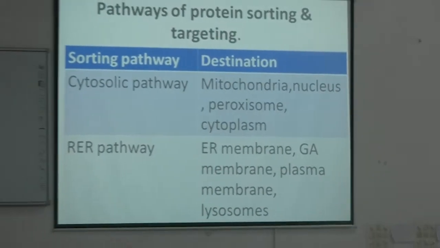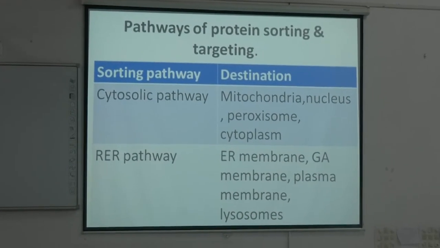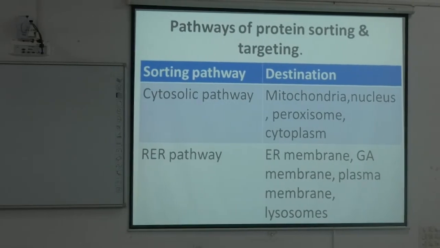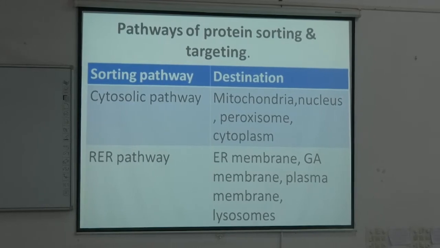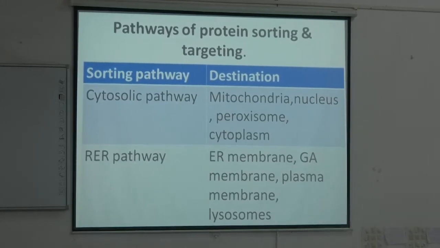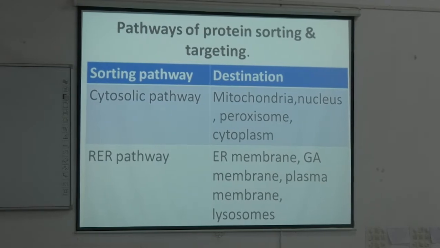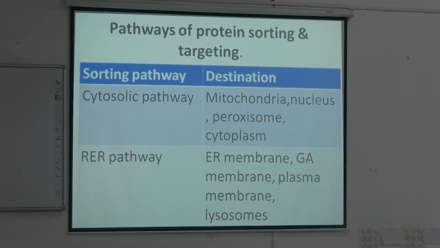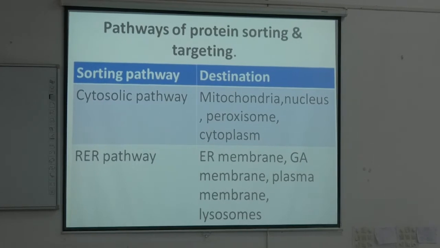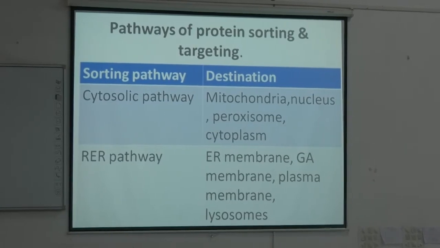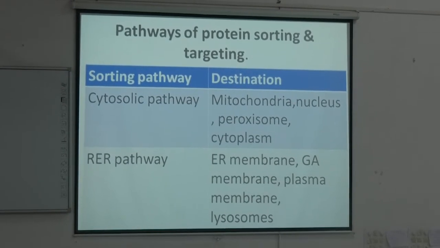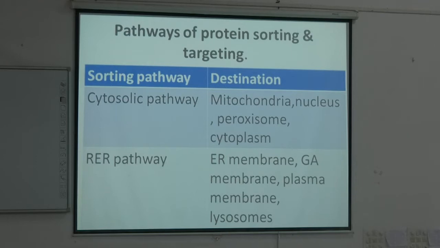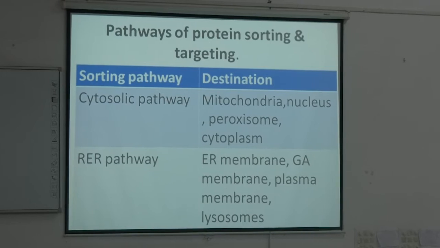A very important point: there are two pathways, the cytosolic pathway and the rough endoplasmic reticulum pathway. Through the rough endoplasmic reticulum, the protein enters and is delivered to the target organelle. In the cytosolic pathway, proteins go from the cytosol to different cellular organelles.